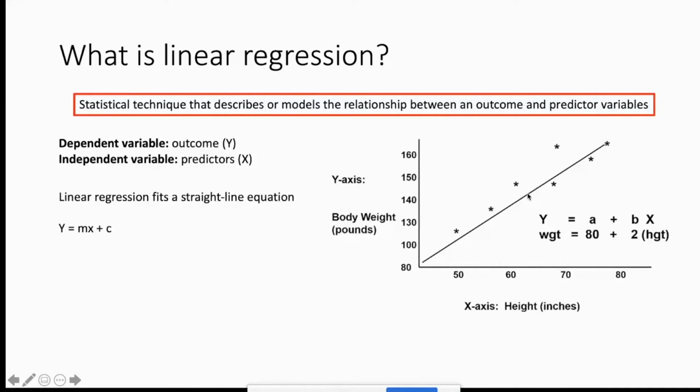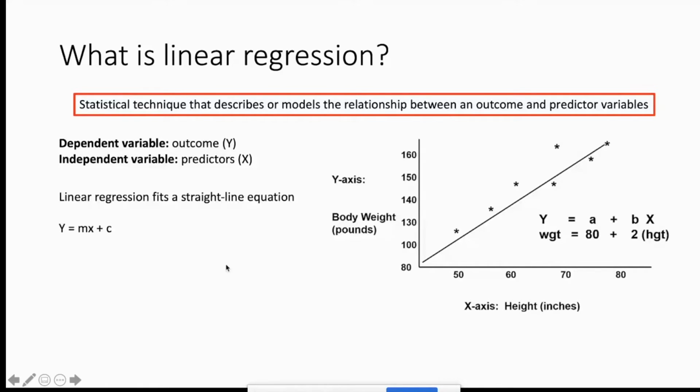So we've gotten these observations, and now we fit a line. Then if we want to take a different height, we could plot it here and go up to the equation and then come across and get the predicted body weight. So we're using data to build a model that describes the relationship between the dependent variable and the independent variable, or the outcome and predictor variables.